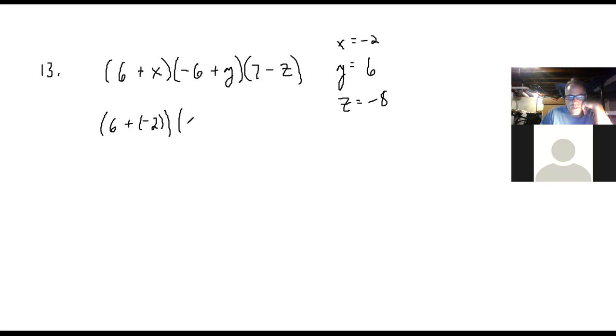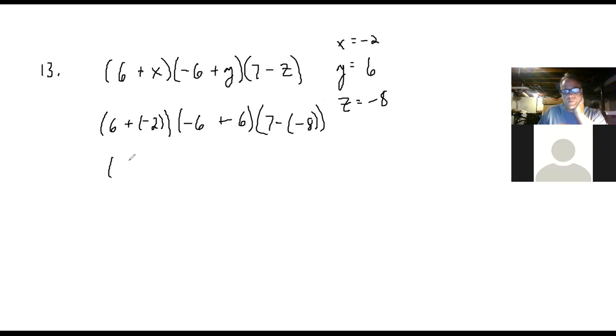Then the next one is -6 plus, and y here is +6, so I just put in the 6. And then this one is going to be 7 minus, and in for z, I put -8. And again, I put the parentheses there just so. It was -8. So notice here I get plus -2.